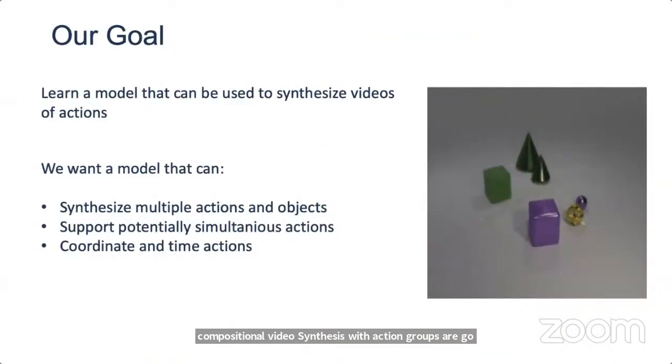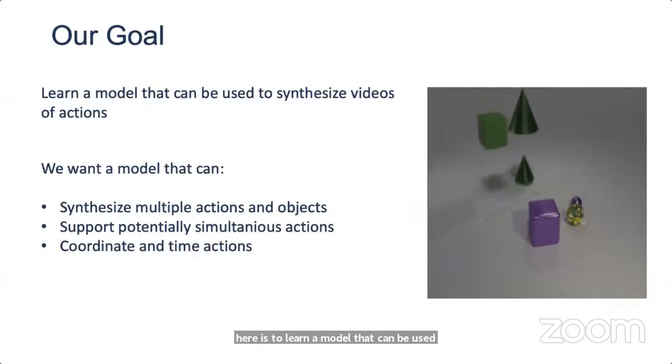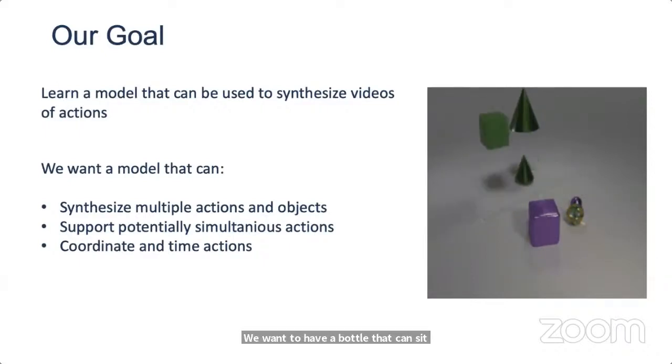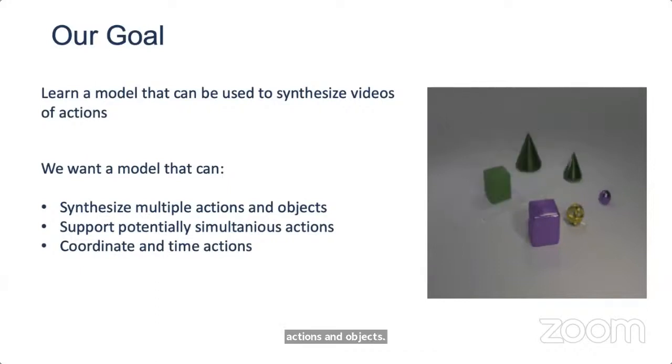Our goal here is to learn a model that can be used to synthesize videos of actions. We want a model that can synthesize multiple actions and objects, support potentially simultaneous actions, and coordinate them in time.